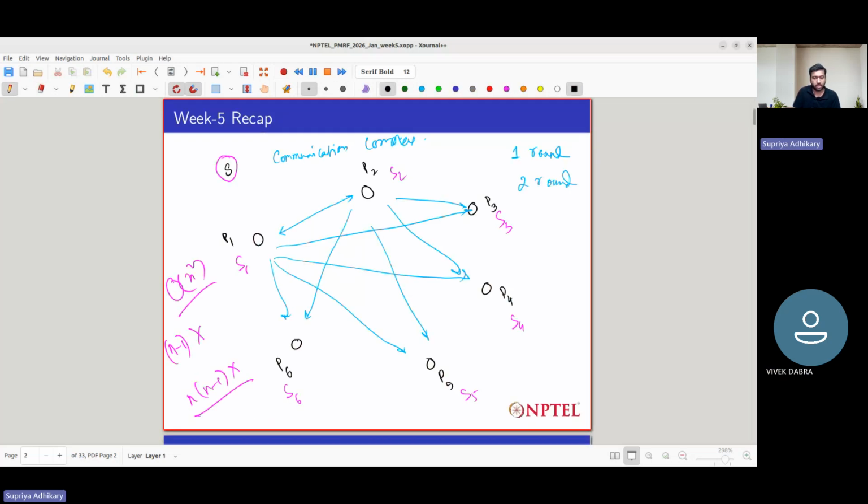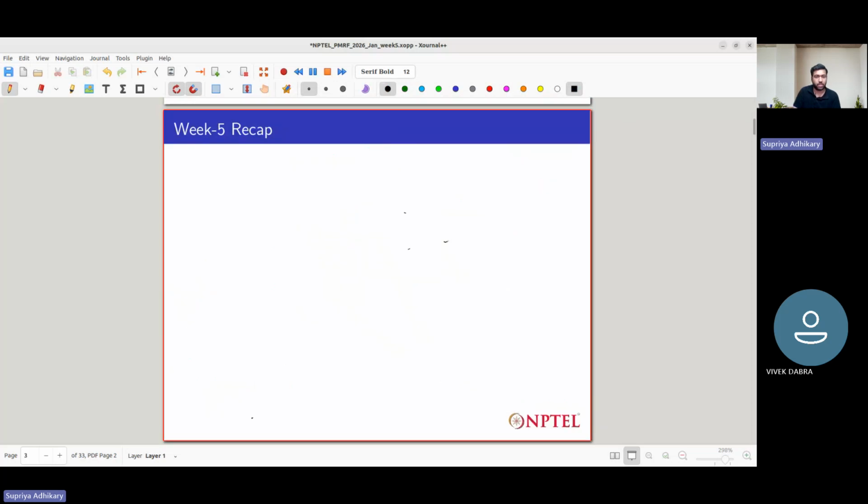As I was saying, the complexity is n square, but if we do this kind of reconstruction, say you have six parties, P1 to P6, each having S1, S2, S3, S4, S5, and S6, they can designate one of them as a leader.